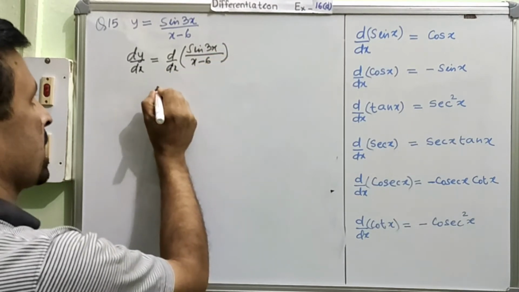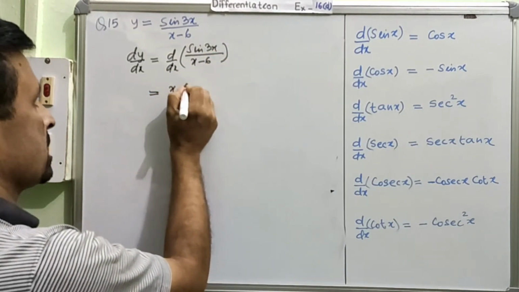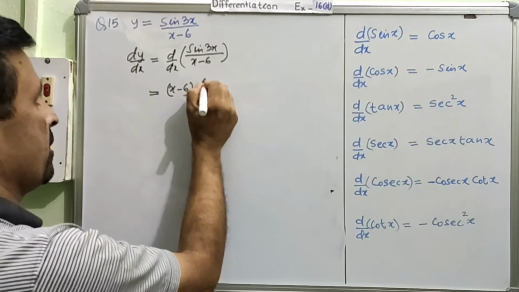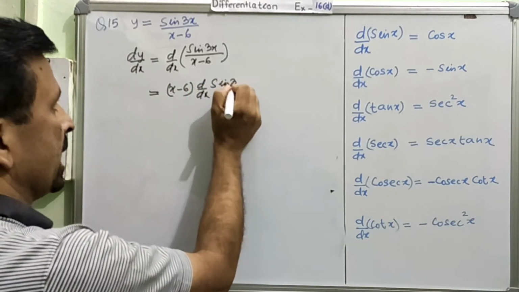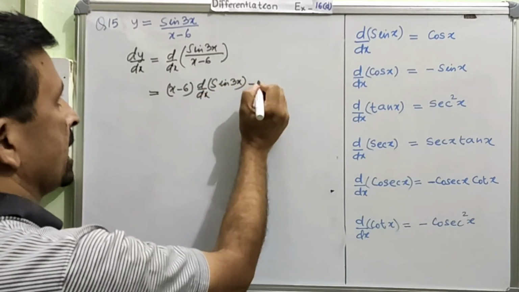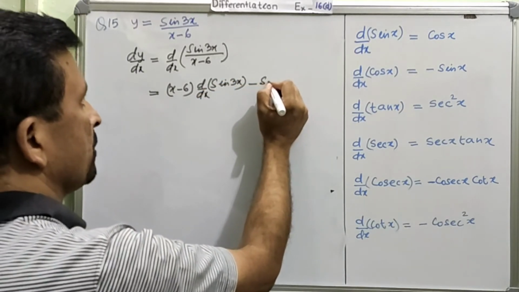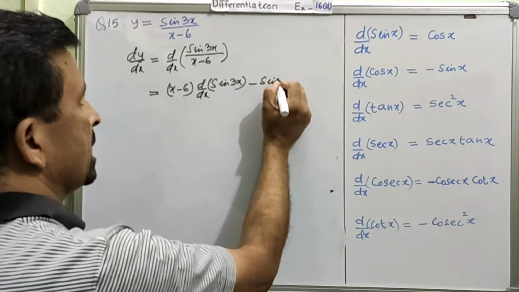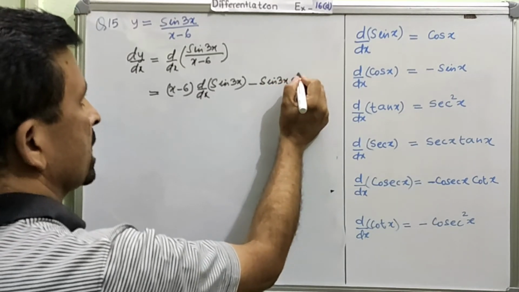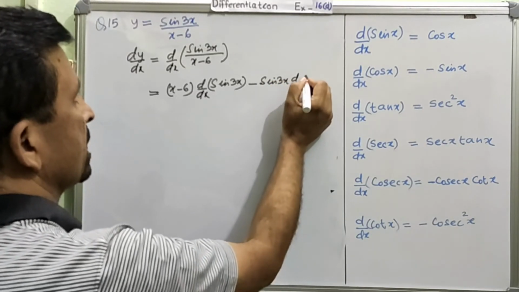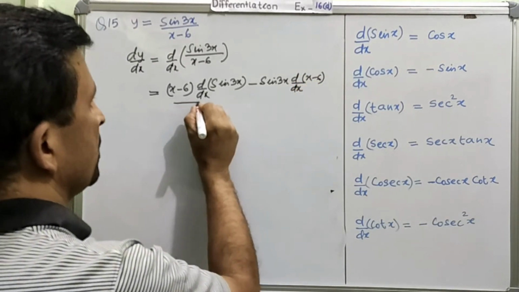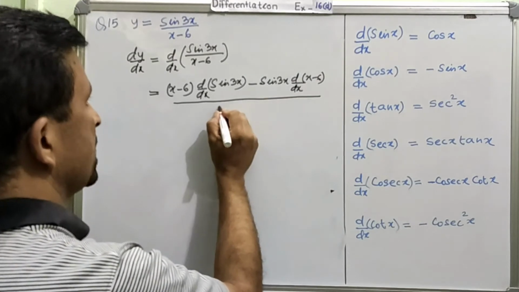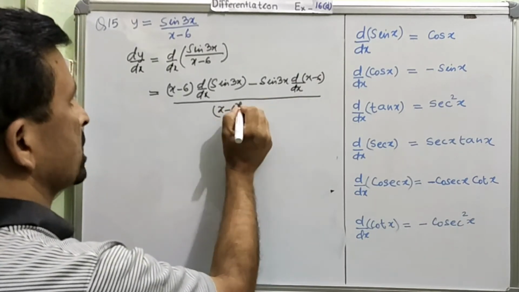Now we are going to start. So x minus 6, the denominator, will be kept silent, and then we will calculate the derivative of the numerator sine of 3x. Then minus sign, and then the numerator will be kept silent now, and we will calculate the derivative of the denominator, that is x minus 6, and then we will have the square of the denominator, x minus 6 whole square.